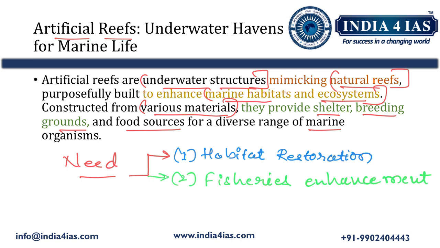By creating new habitats and attracting fish, artificial reefs can help increase fish stocks and support sustainable fishing practices. The third reason is coastal protection. These artificial reefs can act as wave barriers, reducing erosion and protecting the shorelines from damage.